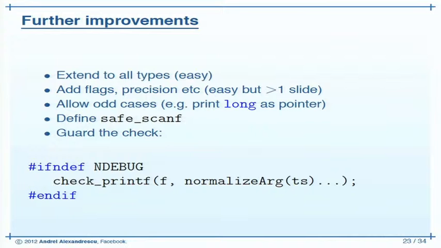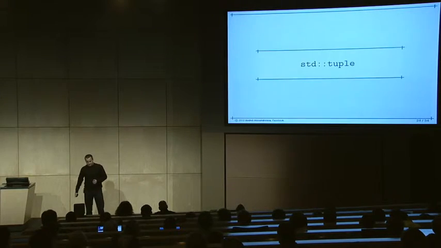We could allow odd cases, such as some people actually pass along and expect to print it with a pointer format or vice versa. Those should be allowed. There's no harm in doing it. You could define safe scanf, which is even better because scanf is even more dangerous to get wrong, and so on and so forth. So much about printf.